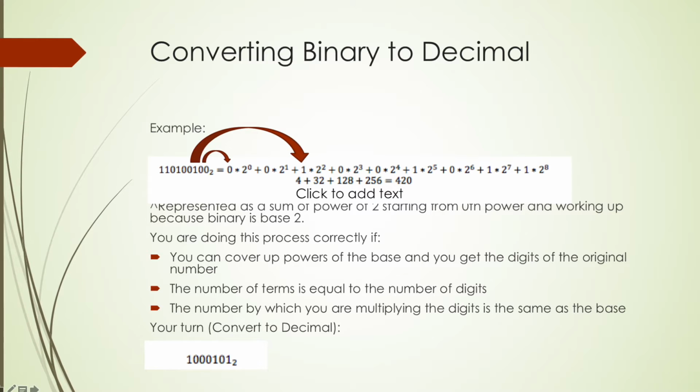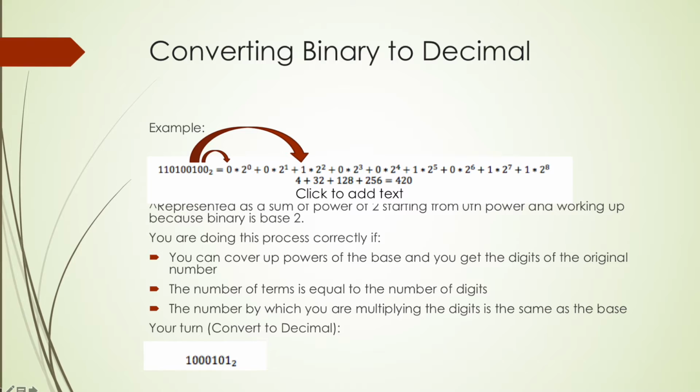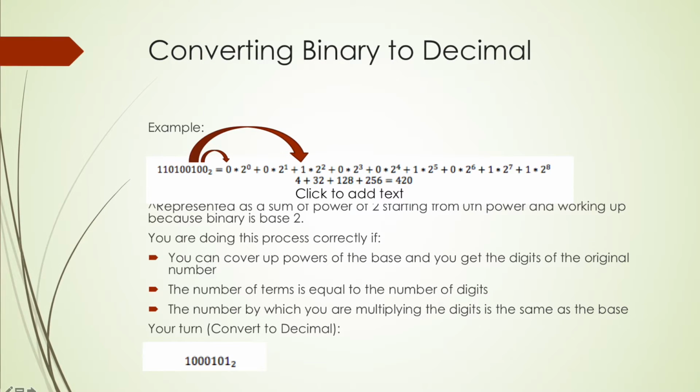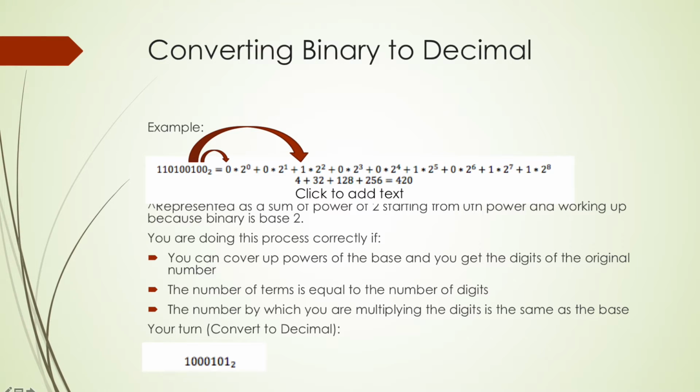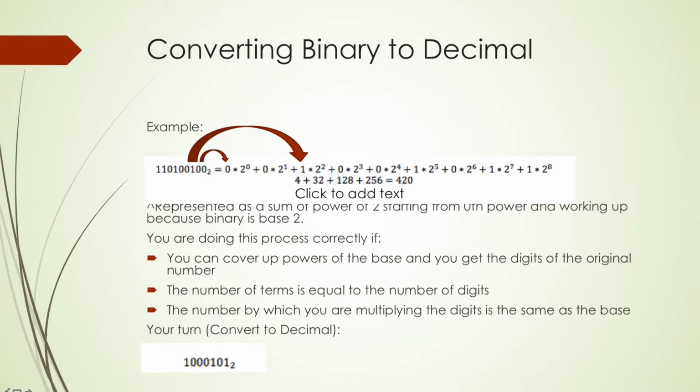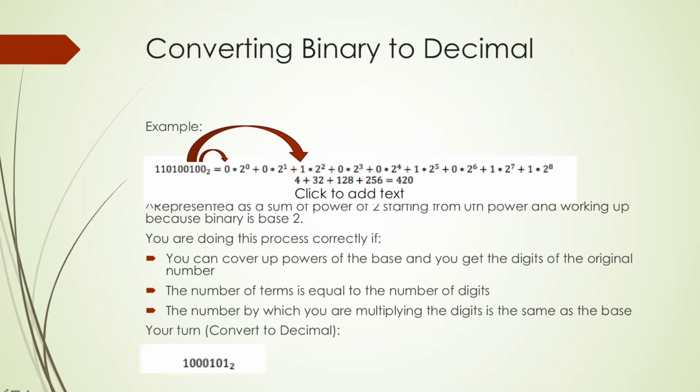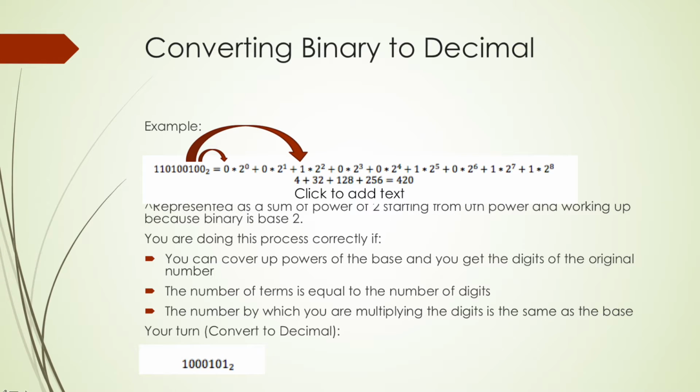Notice how the digit of the 0 in the 1's place matches to the 1's place in base 2. So 2 to the 0, and the digit is the coefficient, I guess. Yeah, they map, so that's how you convert. You start from 2 to the 0 and then keep working up. You could probably see the pattern.